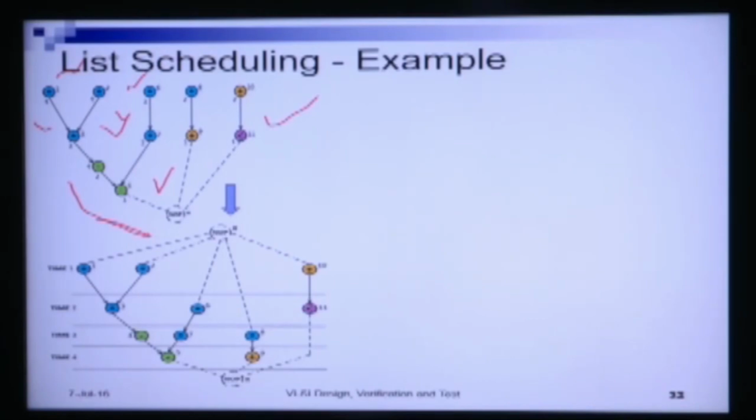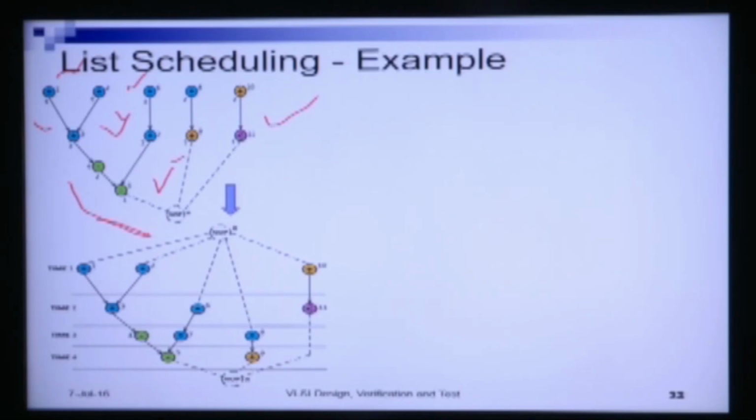For nodes 1 and 2, similarly the priority value is 4. For node 6, the priority value is 3, because the length of the path from node 6 to the sink node is 3. The priority value of node 7 is 2, because the length of the path from node 7 to the sink node is 2.